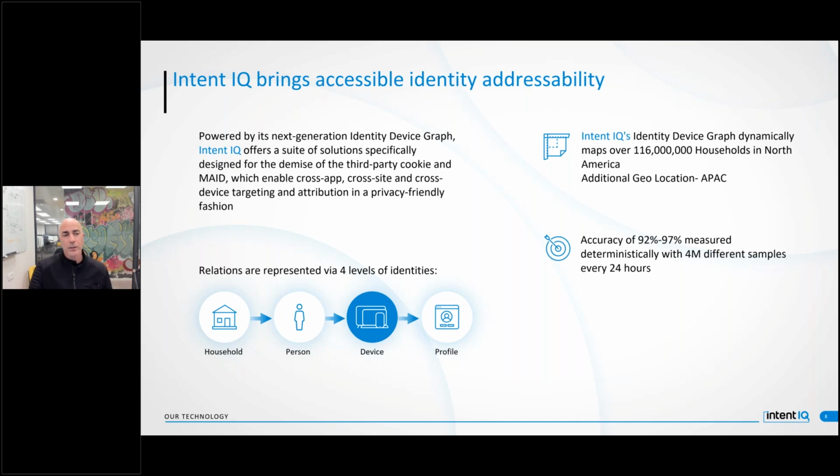Every house in the graph has its own ID and all the information that we cluster and gather around that household. The next level is the person level, the individual level. In every household, like in the real world, there are people living in those households, and every person owns different devices. Today we're going to focus on the device level.